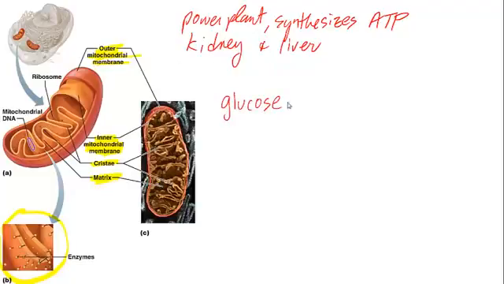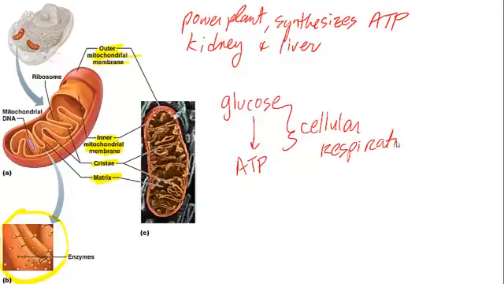So glucose eventually is made into ATP. This process here is a metabolic pathway, a very, very important one, called cellular respiration. And since oxygen is utilized for this process, it is actually referred to as aerobic cellular respiration.